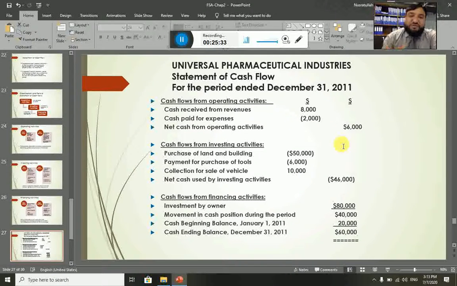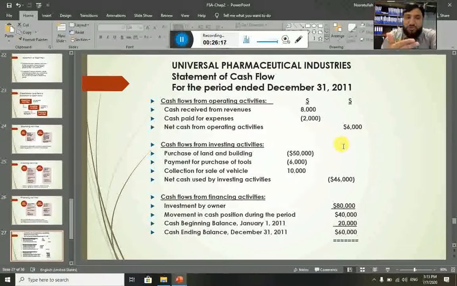Next we have cash flows from investing activities. Purchase of land and building, 50,000. When you purchase land and building, we have to pay money, and when money is paid, it's an outflow. Outflows are always shown as a negative figure; you can see it's in brackets. Payments for purchase of tools and equipment are assets, and when we purchase we pay money, so that's also a negative figure, a cash outflow. Usually inflows are written first and outflows later, but here they have written the outflow first and the inflow second.